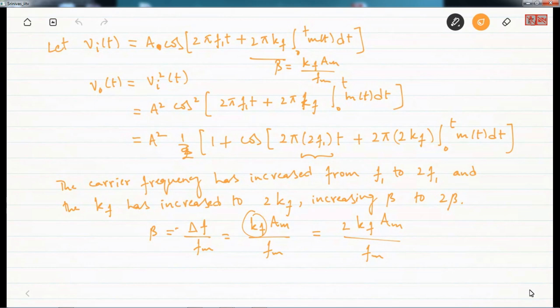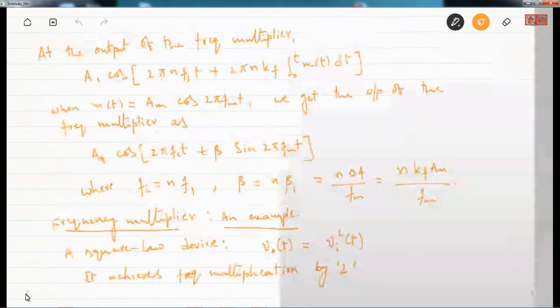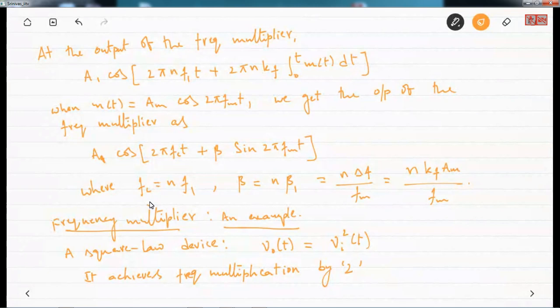The frequency deviation also gets increased from beta 1 to n beta 1, right? So that's how the indirect method works.